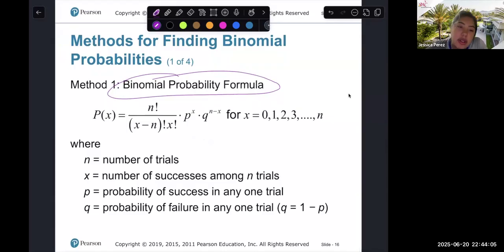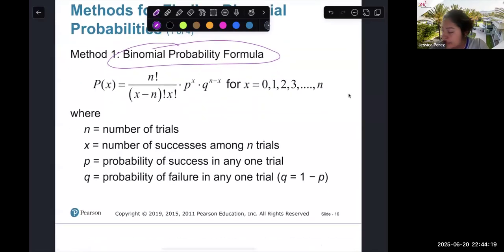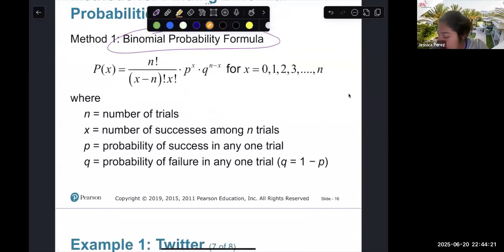N is the number of trials. X is the number of successes among n trials. P is the probability of a success in one trial. Q is the probability of failure in any one trial, which is 1 minus p. So this formula you want to have down on your papers, and it works for x being 0, 1, 2, 3, and so on.